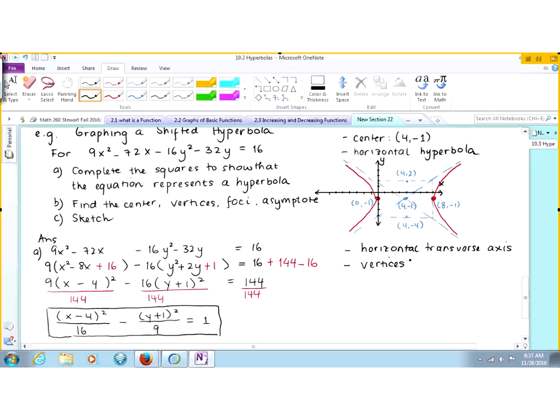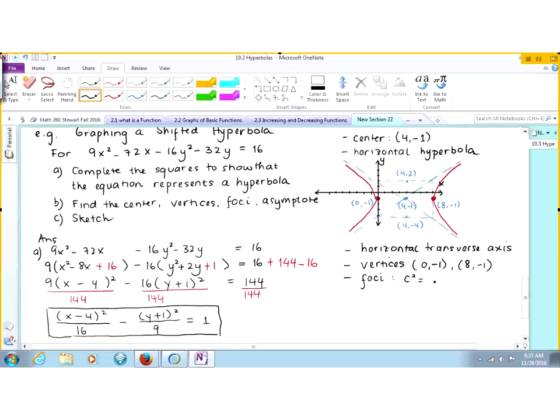What about the vertices? Yes. So we don't have to memorize. Is it (h - a, k) and (h + a, k), or (h, k + b) and (h, k - b)? Right? So we just see it from here. What about the two foci?